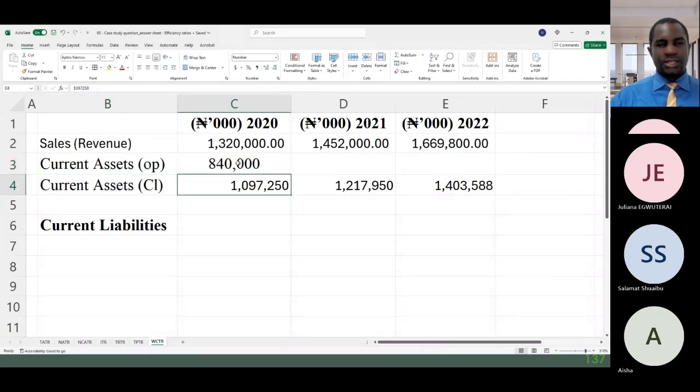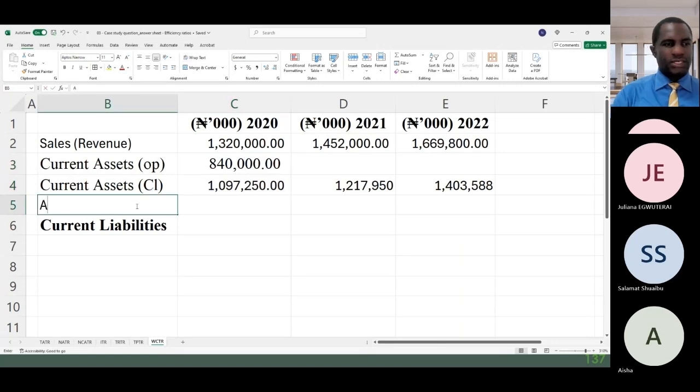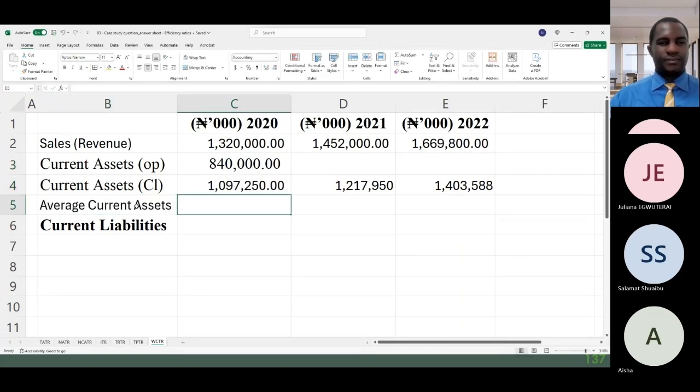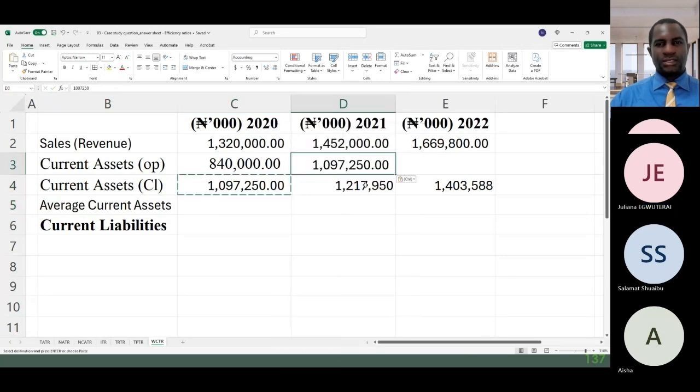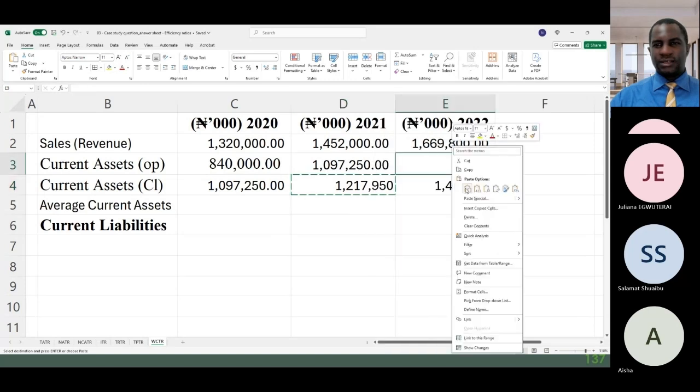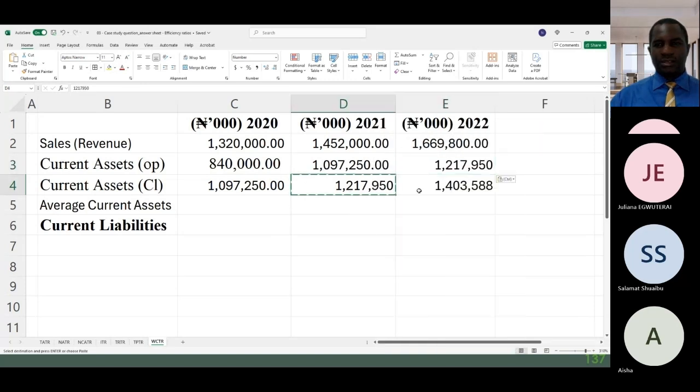So we have the opening and the closing. Let's say this is average current assets. Let's take this, this. This can be time wasting under exam conditions.